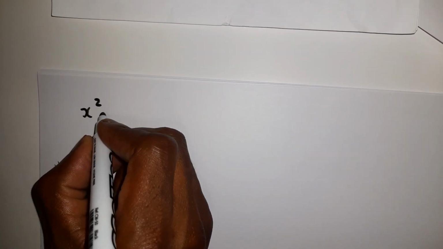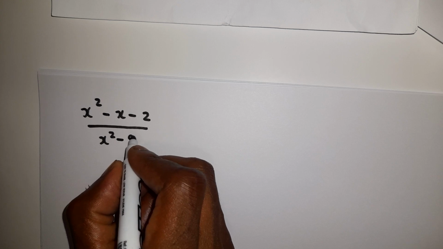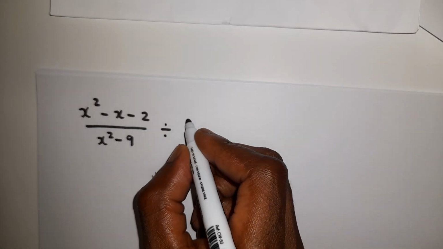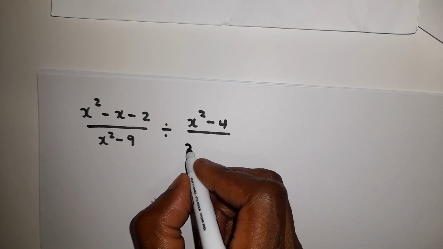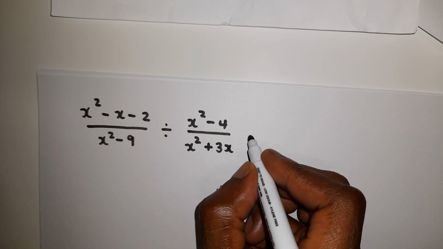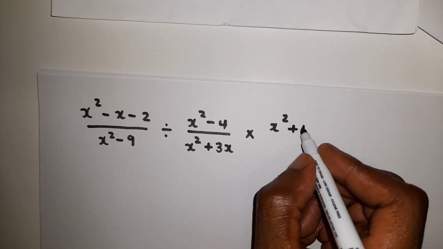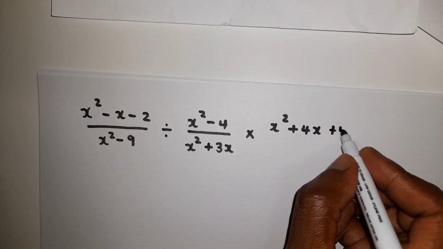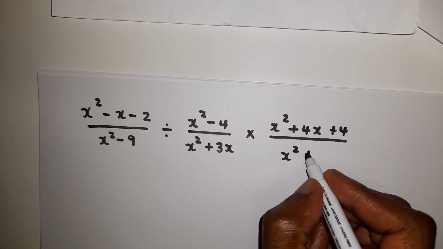The question is as follows: (x squared minus x minus 2) divided by (x squared minus 9), divided by (x squared minus 4) divided by (x squared plus 3x), multiplied by (x squared plus 4x plus 4), everything divided by (x squared plus x).